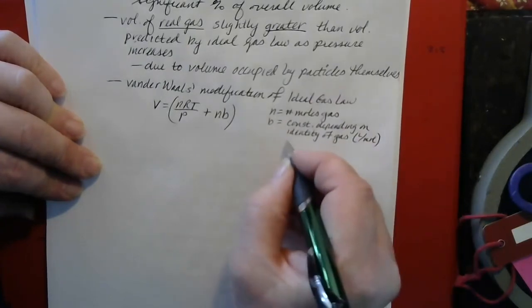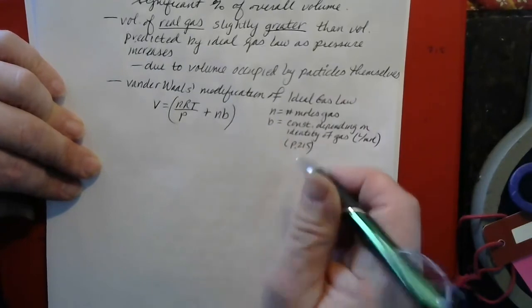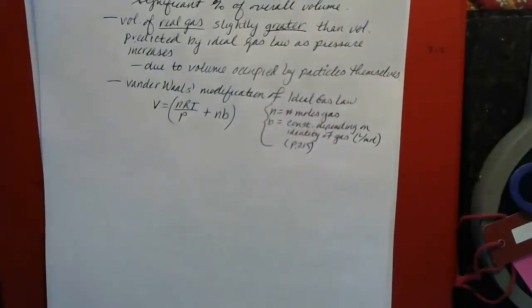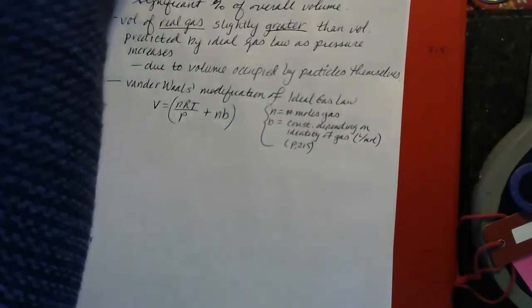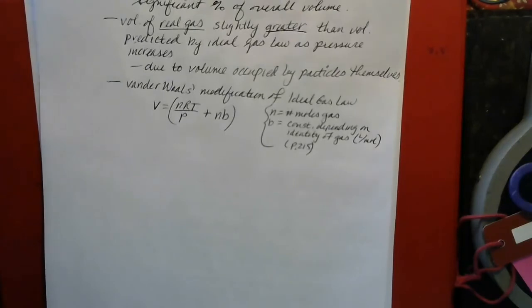The units would be liters per mole, and values for b can be found on page 215. So these are the van der Waals constants. There are two of them.